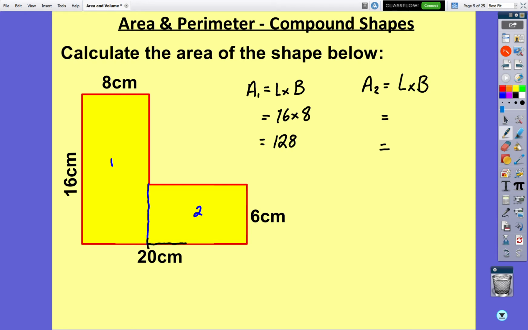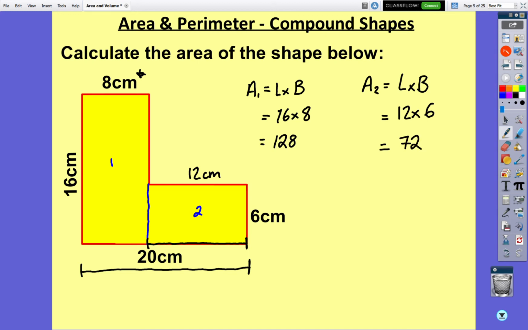I want this length here. 20 is the length of that, so it's too big. Alright, so I need to use this to help me. 20 minus my 8 gives me 12. So my area of my second rectangle, the smaller one, 12 times 6, which gives you 72.